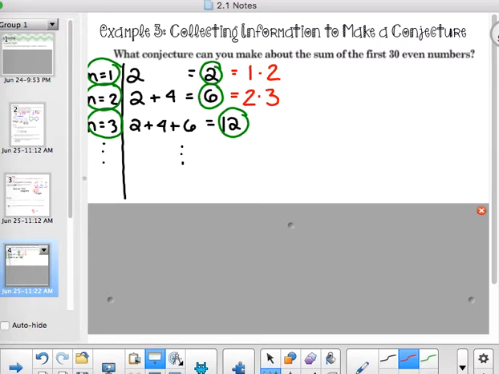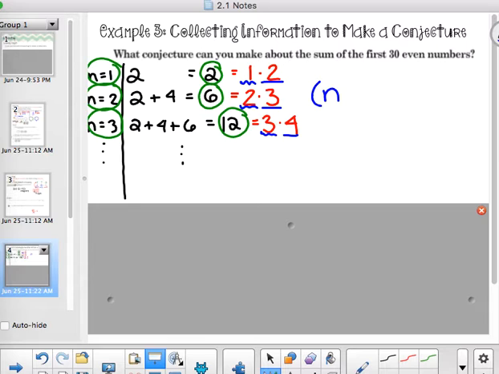Let's go a little bit further. 12 is the third term of the sequence. Well, 3 times 4 is 12. Notice, here's an n value, and whatever I'm multiplying by always appears to be 1 more than that n value. That might take a little bit of trial and error.